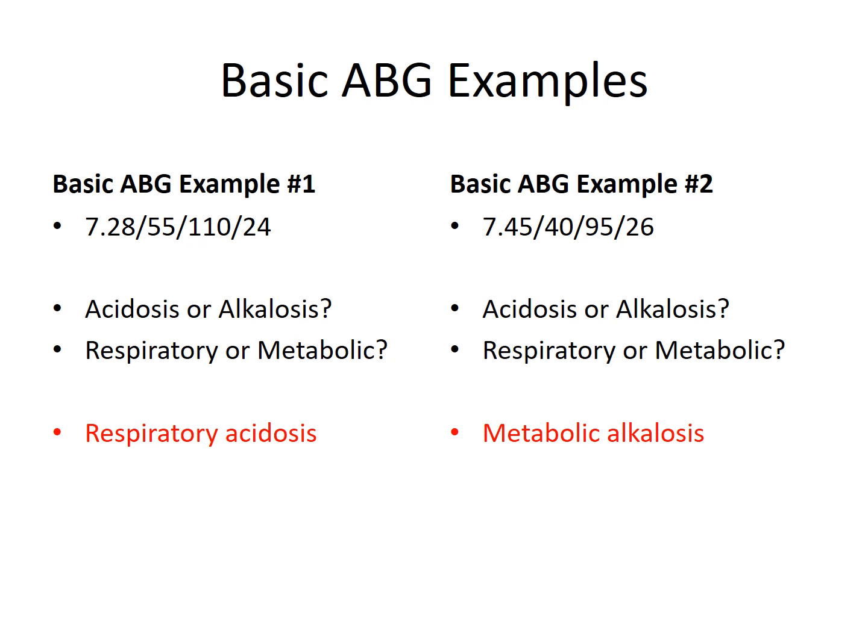Because the CO2 concentration is normal and the bicarb is increased above 24, this is a metabolic alkalosis. Using the ROME mnemonic, the pH and bicarb changed in equal directions, and this must, therefore, be a metabolic abnormality.